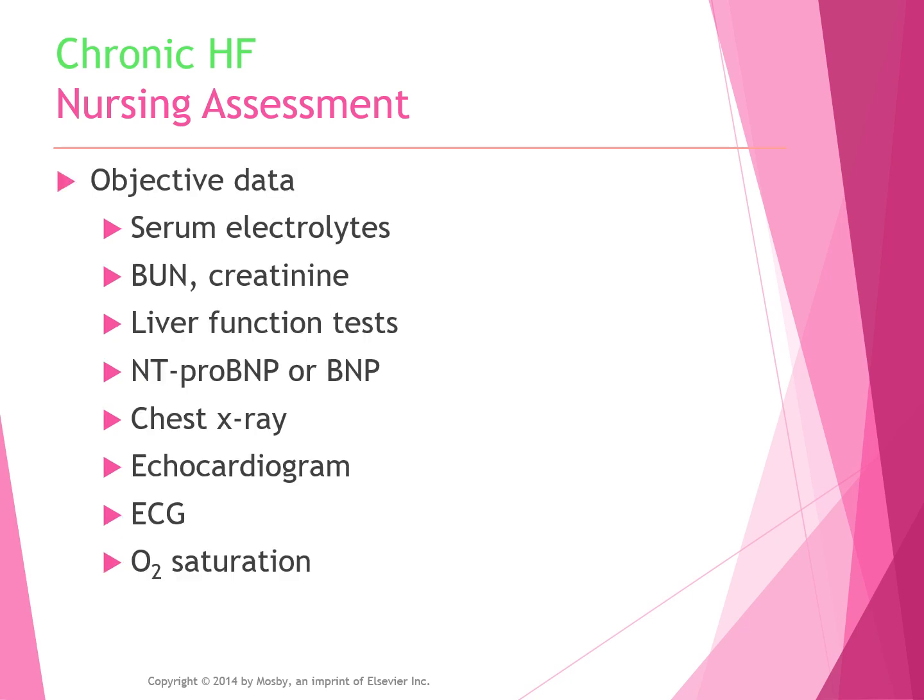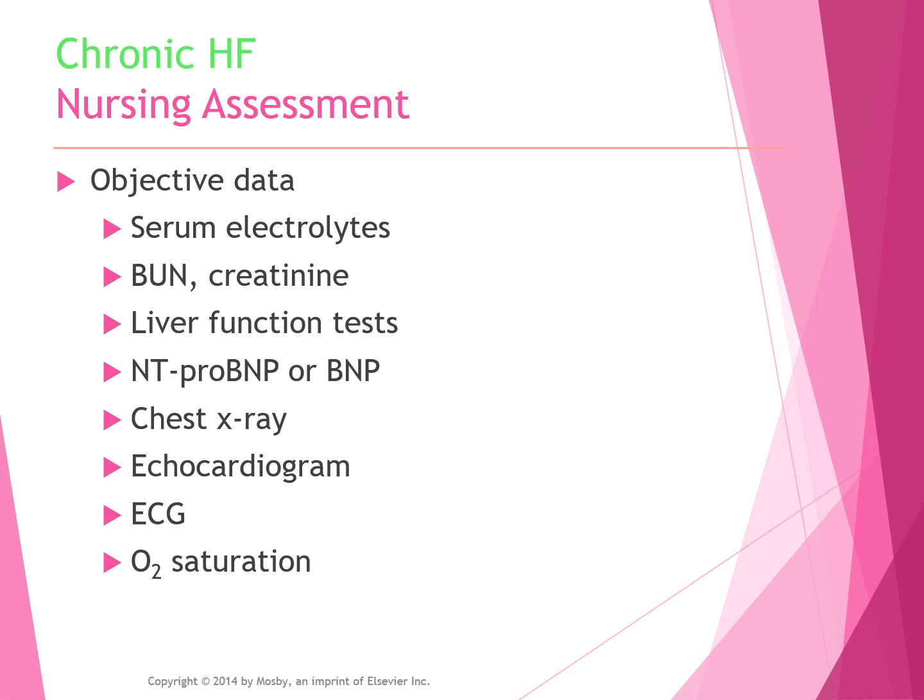Continuing on with our objective data, getting our serum electrolytes, especially potassium, magnesium, sodium levels, checking our kidney function and our LFTs, because if we do have an increase in fluid, that can affect our liver function tests. And we also want to make sure that the kidneys are working appropriately to allow for diuresing.